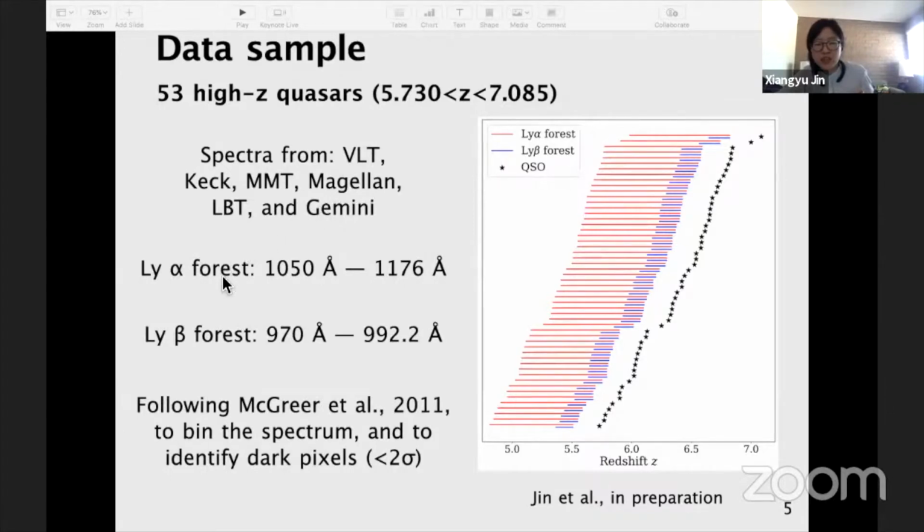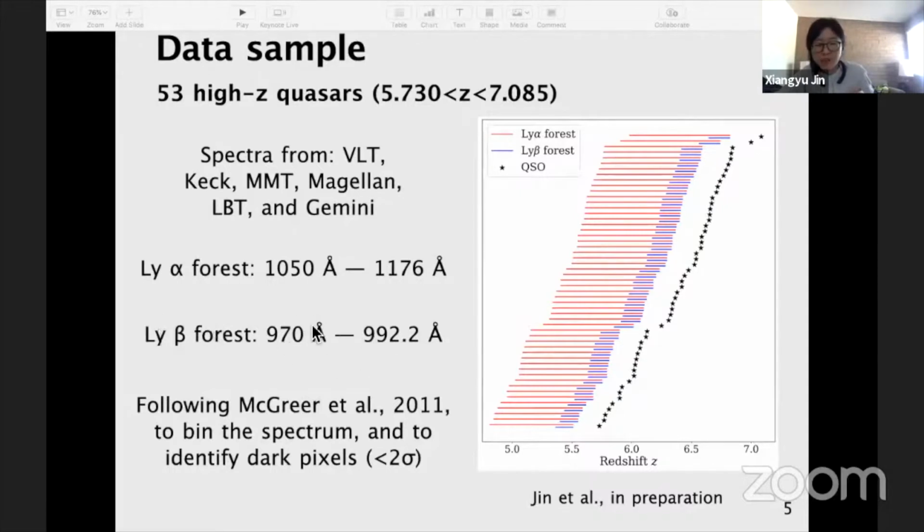For the Lyman alpha forest, we are using the wavelength range in the red frame in our study. The shorter wavelength cut is to exclude the oxygen VI emission in the quasar intrinsic spectrum, and the longer wavelength cut is to avoid contamination from the quasar proximity zone. For the Lyman beta forest, we are using this wavelength range.